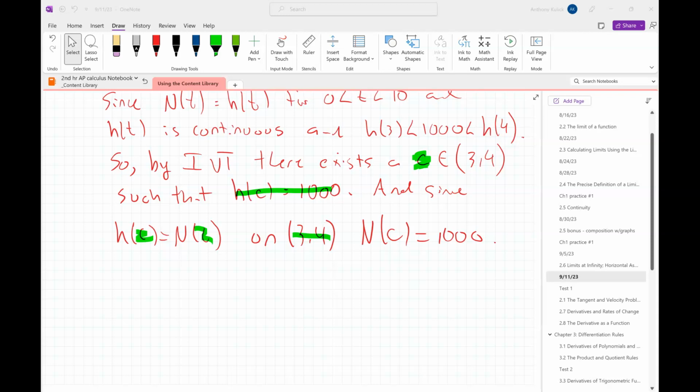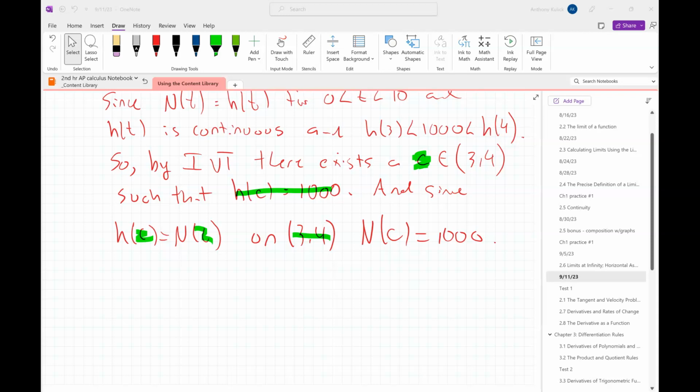It'll include new things that weren't in that first multiple choice, which is why I gave you the second practice: continuity, intermediate value theorem, and limits at infinity hadn't shown up yet.